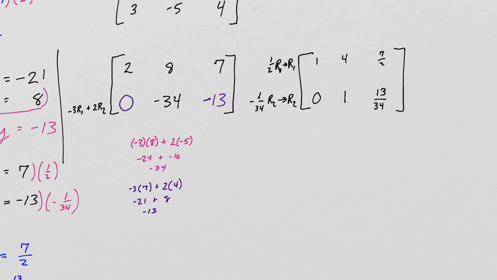And what we get here is just this final set of equations. Once it is in row echelon form, let's write out the equations again.